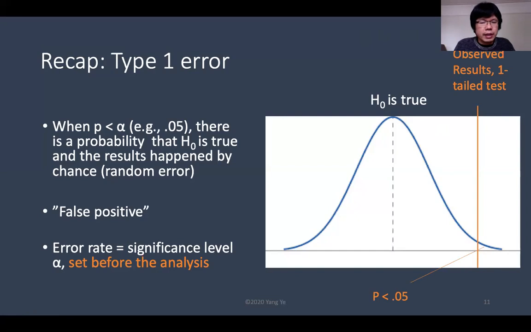The error rate is usually set at 0.05. If it's a two-tailed test, it will be shared at each end of the distribution. If it's a one-tailed test, then it's on a single end of the distribution. But the idea is that when there's no effect, we happen to find a very extreme value that suggests there is an effect. Okay? So then we will commit a type 1 error.